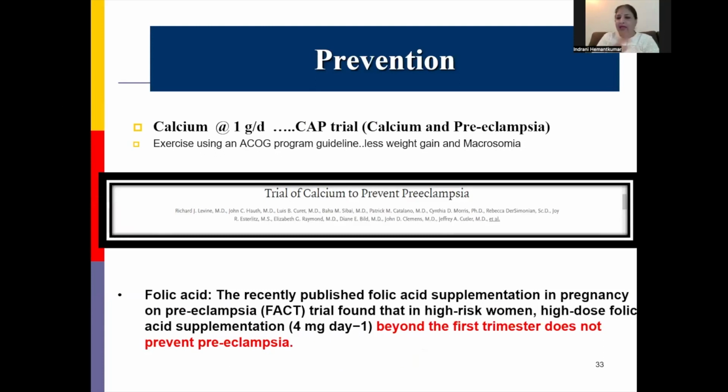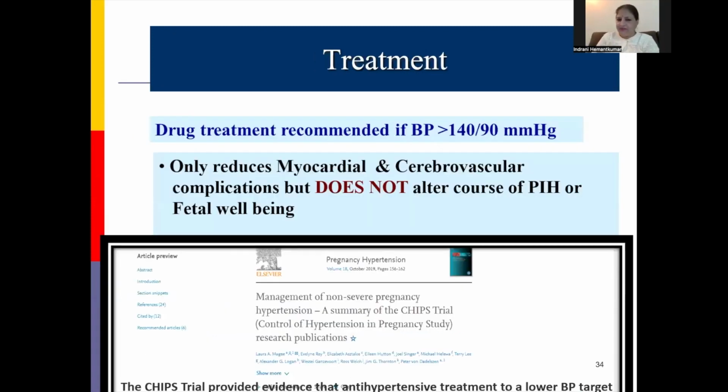As I said, the CAP trial, that is calcium and preeclampsia trial, they also found that calcium has a small role in reduction of preeclampsia. Again, a folic acid trial called the FACT trial also was done, and they found that beyond the first trimester, it does not help to prevent. But in that first trimester, if you have taken adequate folic acid, then that can help in prevention of preeclampsia.